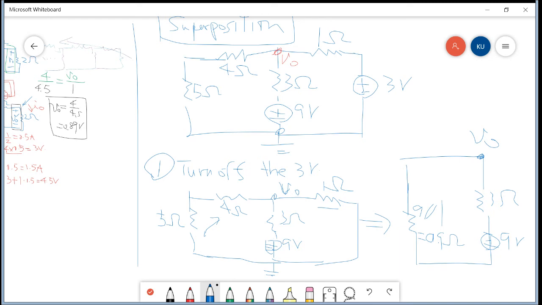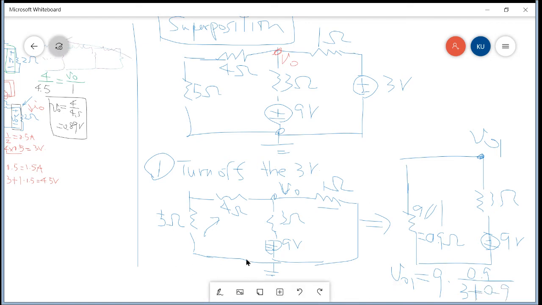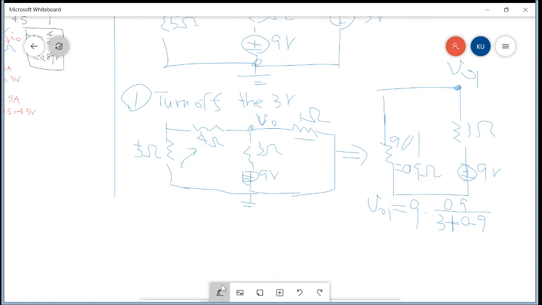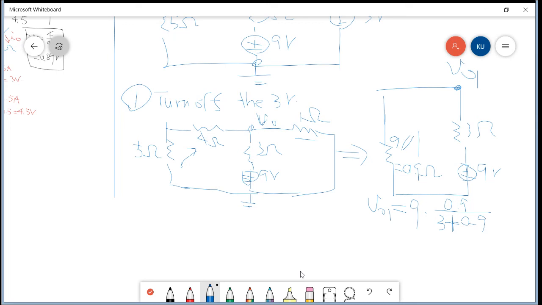So VO1 is actually 9 times 0.9 over 3 plus 0.9. Something like this. 8.1 over 3.9.